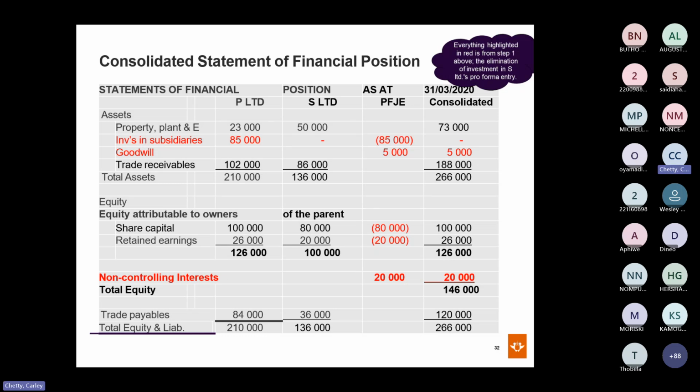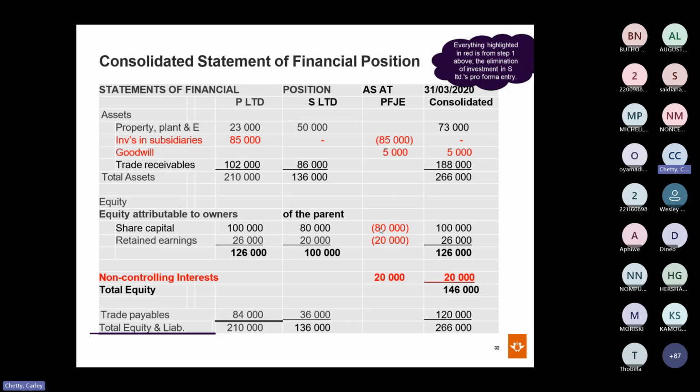Then we have equity. So here, remember, we said we have to show equity which is attributable to the parent, and the portion that is attributable to the non-controlling interest. So P had share capital in their separate financial statements of 100,000, and S had 80,000 Rand worth of share capital in their separate financial statements.